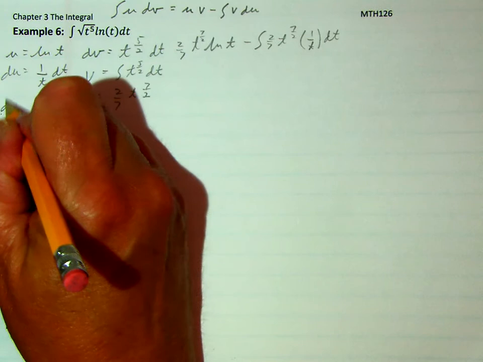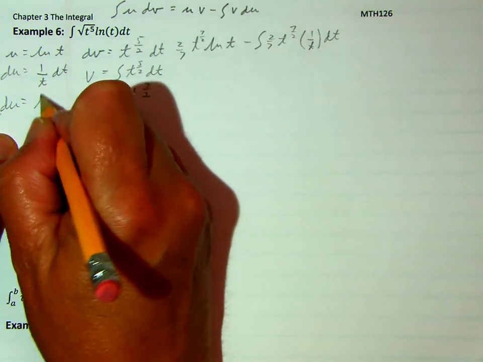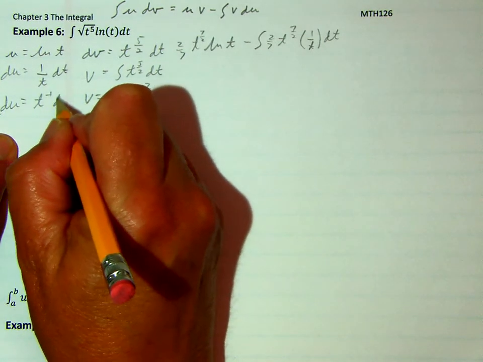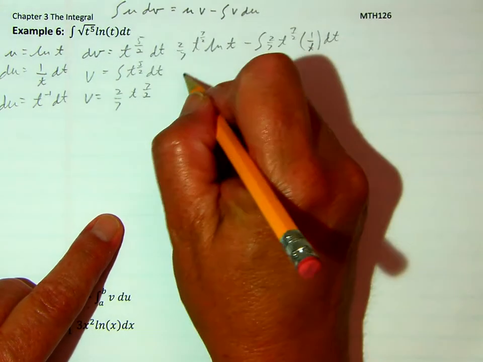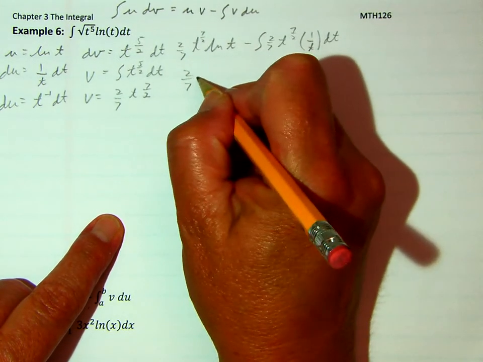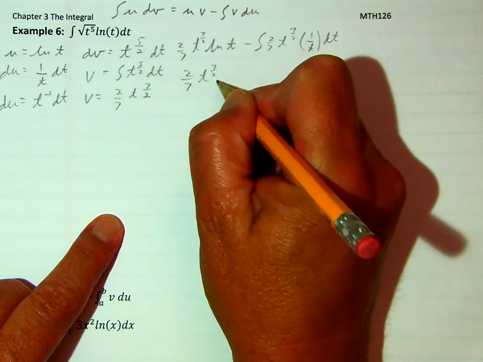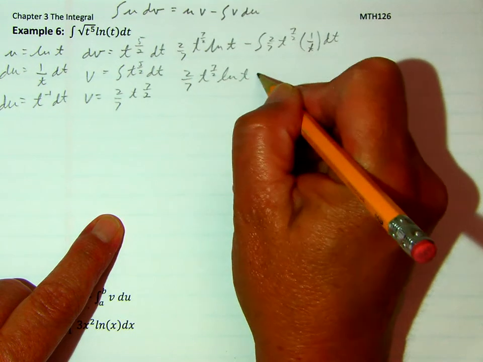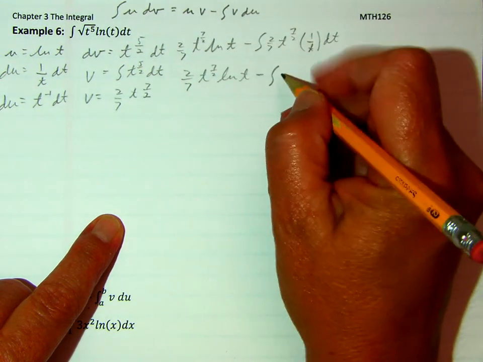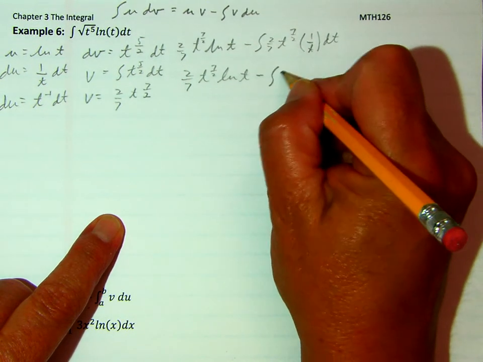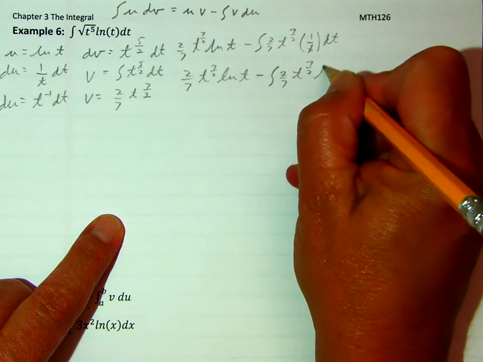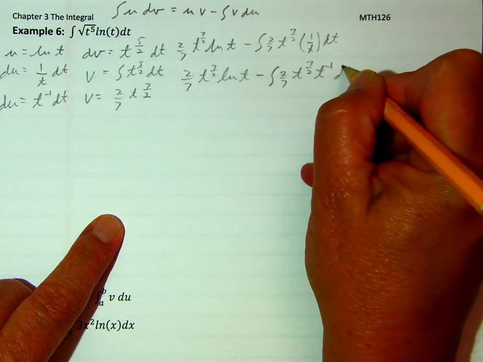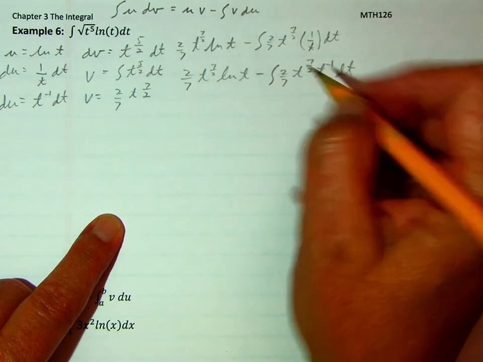Remember that 1 over t is t to the negative 1. So this would be the same thing as 2/7 t to the 7 halves natural log of t minus the integral of 2/7 t to the 7 halves t to the negative 1 dt, which we can then put together.